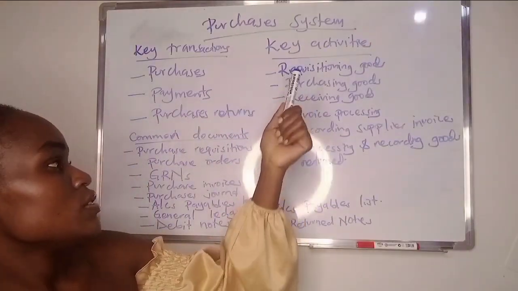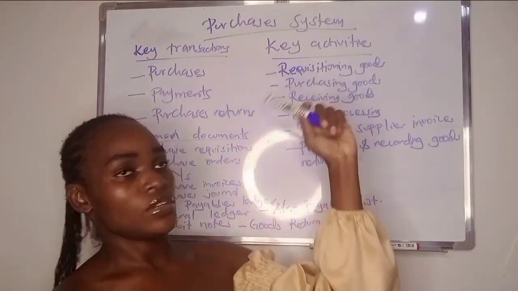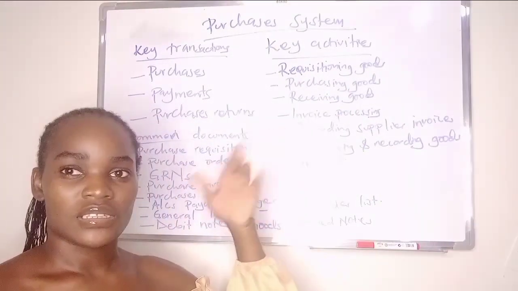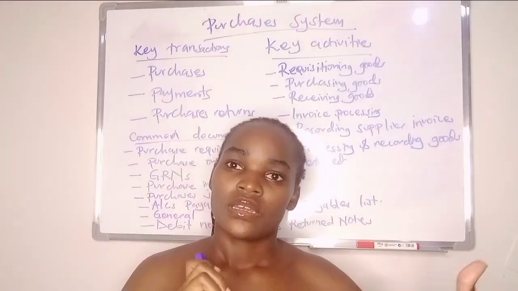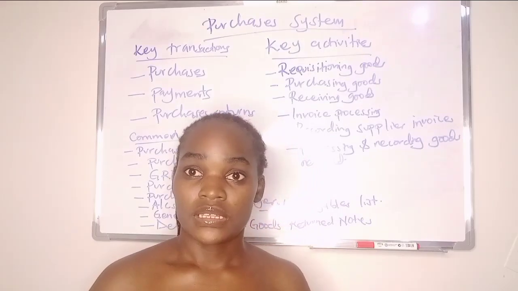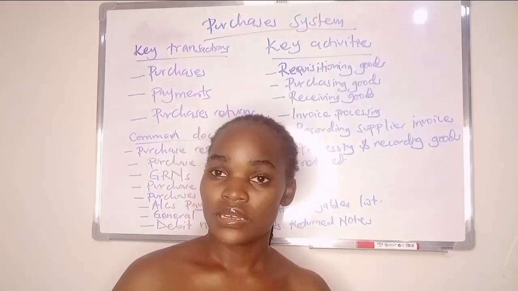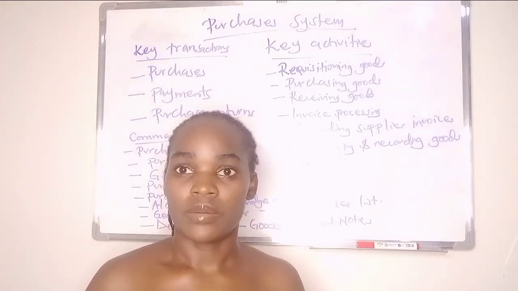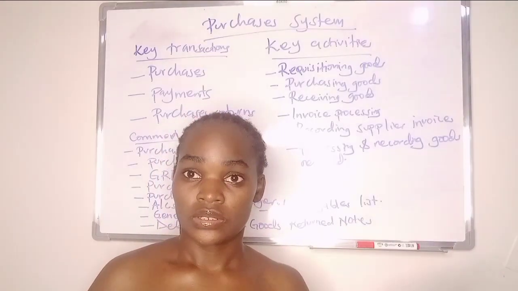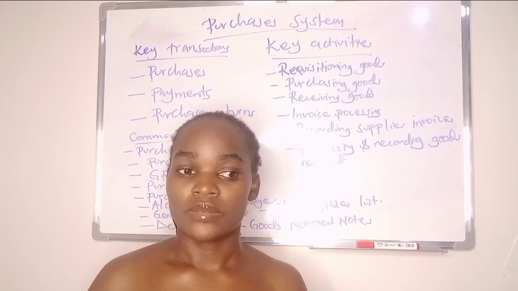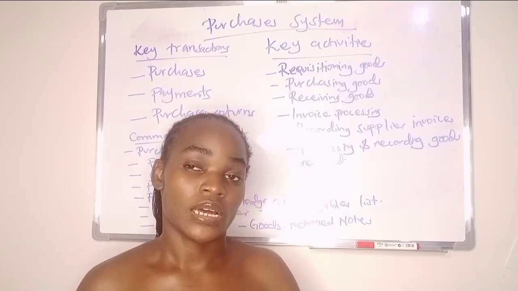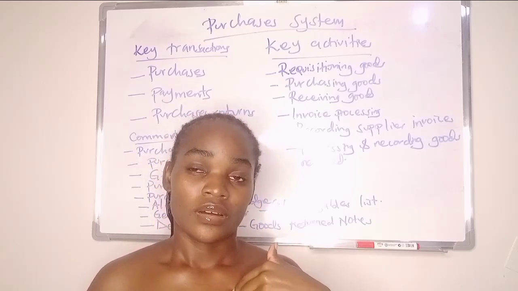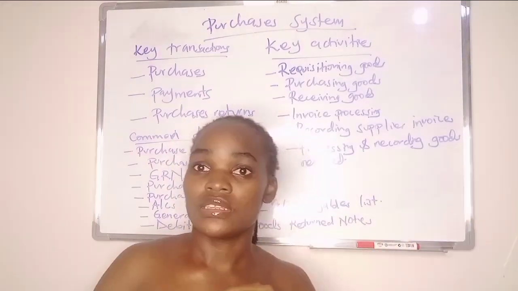Then the key activities, we have requisitioning goods. Requisitioning is something like requesting. Maybe the finance department wants something, they have to request the procurement department so that the procurement department can be able to purchase those goods.